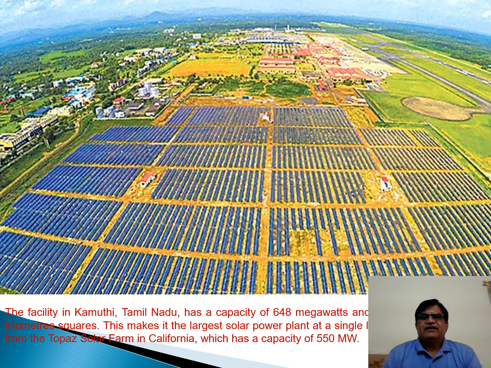This is the aerial view of the fully operational plant, which is situated in Kamuthi of Tamil Nadu, 648 megawatt capacity, fully operational, and top aerial view of the plant which is working.